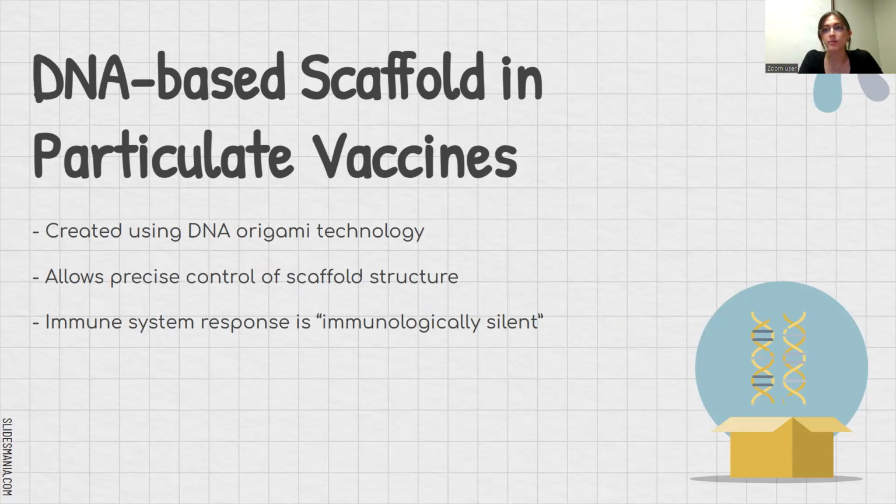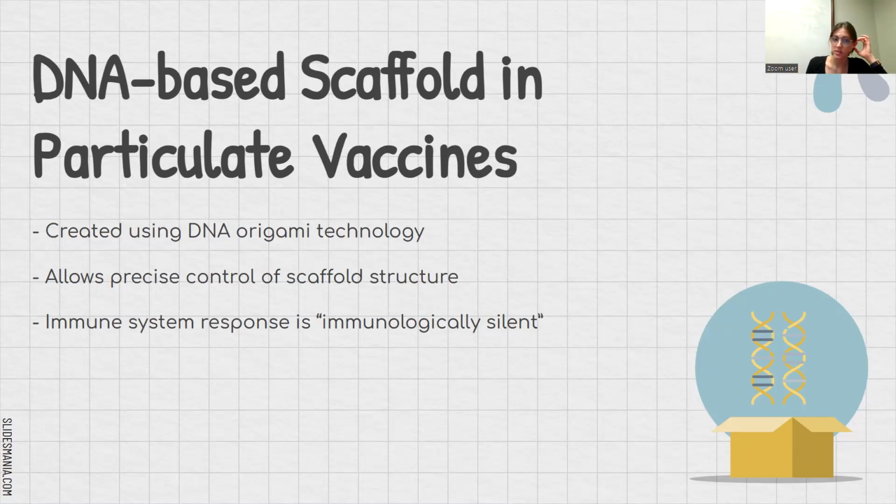This scaffold was found to be immunologically silent, because researchers saw in their new study that the spike protein's receptor binding protein was replaced with an antigen from the original coronavirus strain. So basically they're doing a new study in this article with COVID, and so I'll be talking about COVID a lot. That's the virus they're going to be testing the DNA-based scaffold with.